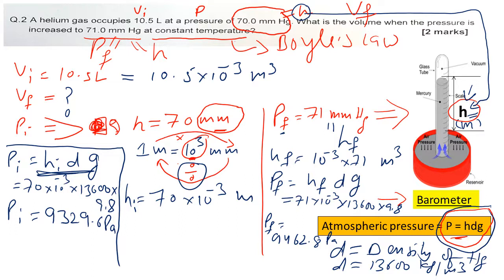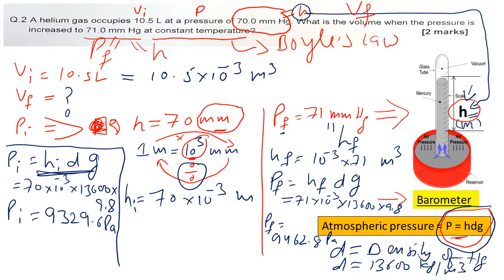So h is equal to 70 into 10 to the power minus 3 in meter. This is the value of the height of this barometer in meter.